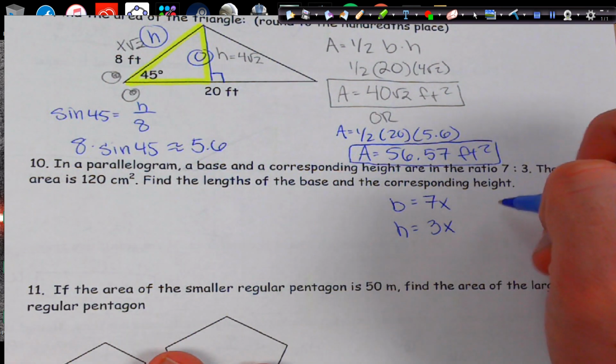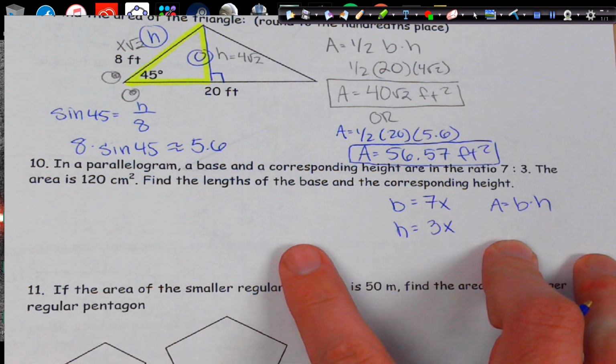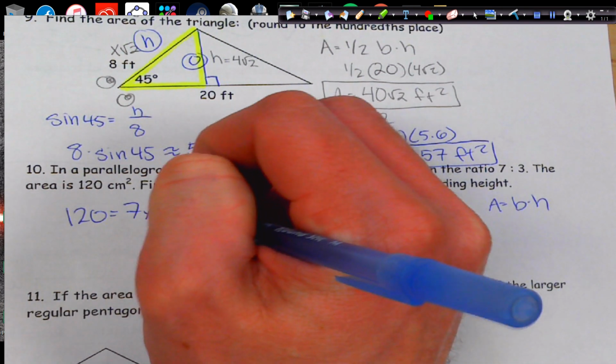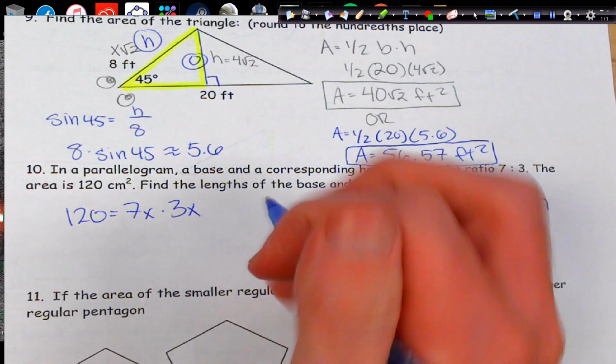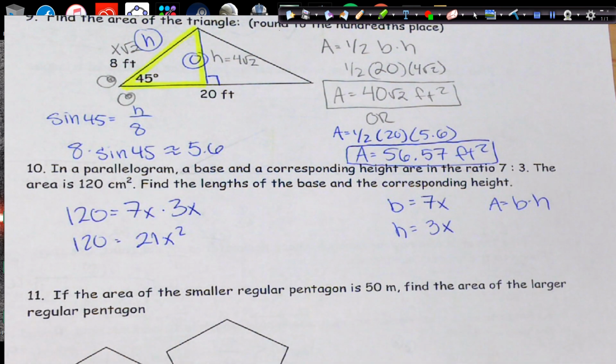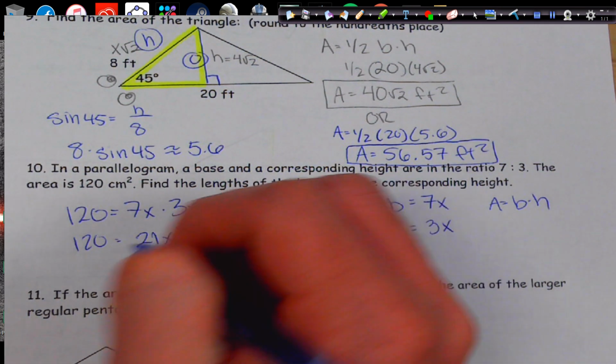And then the area of a parallelogram is base times height. So we can plug those in, set it equal to 120. Well, this is going to become 21x squared equals 120. And then we're going to divide by 21.